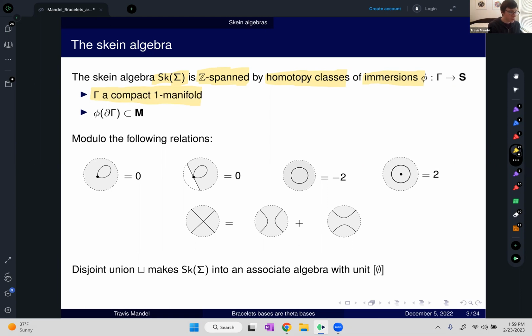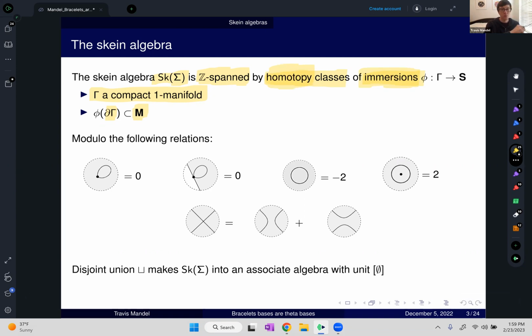And then phi is an immersion of that one-manifold into the surface S. And we require that the boundary points of your curve map to marked points. So again, the curve is circles and closed intervals, and just the endpoints of closed intervals have to map to marked points. And I should say these homotopies are within the space of immersions.